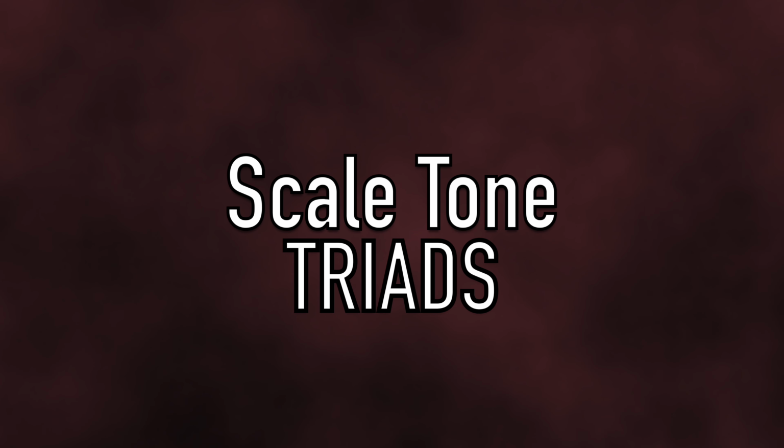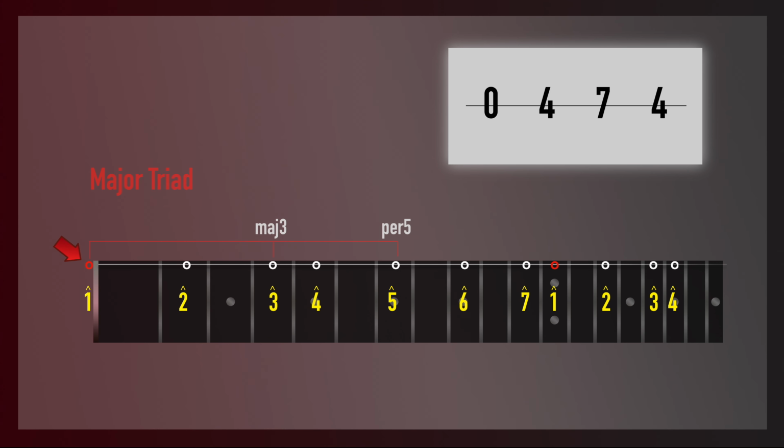Let's see what chords we can get if we build on each note of the scale. We'll start on the open string root, and on scale degree 1, we've already discovered that we can build a major triad. If we start on scale degree 2, we find scale degrees 2, 4, and 6, and we get a minor arpeggio and chord.